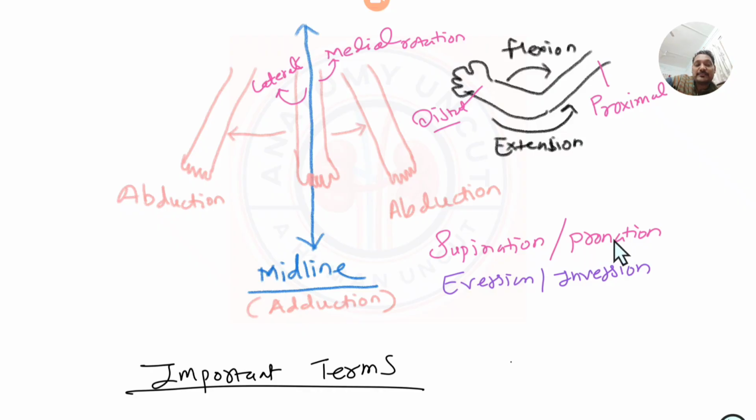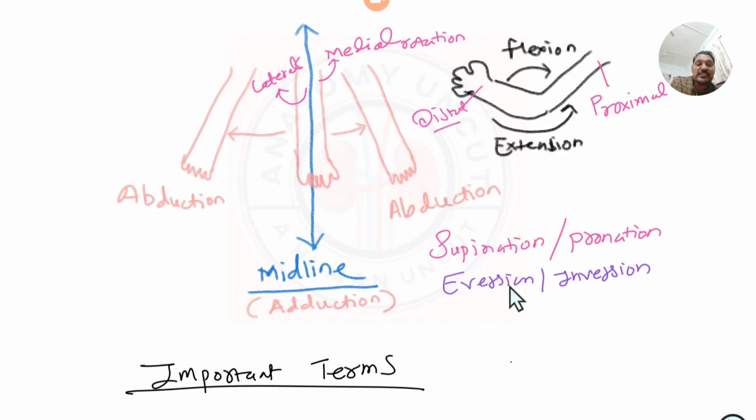And if you compare eversion and inversion, it is related to the position of the foot. An everted foot is the sole facing laterally, or the lateral border is everted. This is known as eversion. If the sole is facing inwards or medially, it is known as inversion.